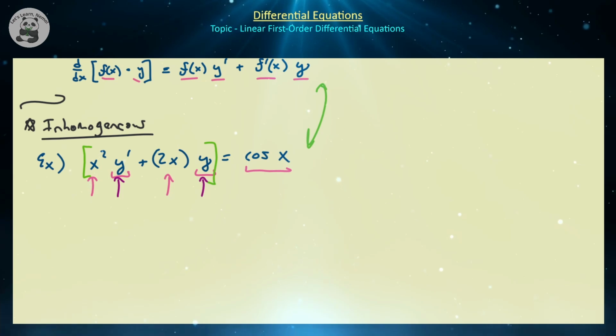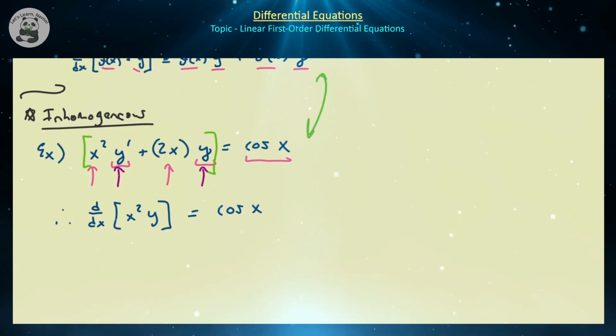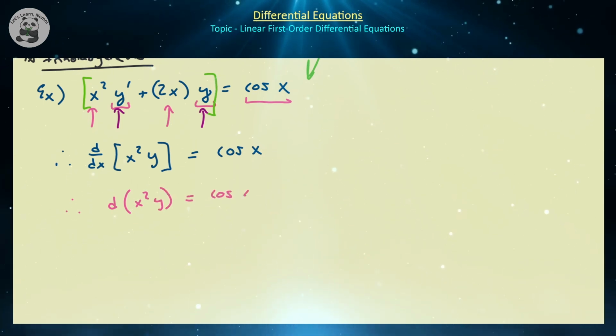So if we observe that the left-hand side is precisely the product rule, in particular the derivative of x squared times y, then what we've done is actually rewritten this inhomogeneous differential equation as a separable differential equation. In particular, on the left-hand side, we have the differential of x squared y. On the right-hand side, we have cosine of x dx, and we can integrate both sides of this equation.